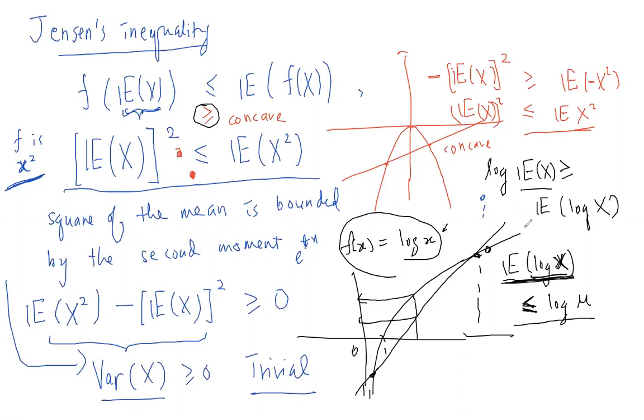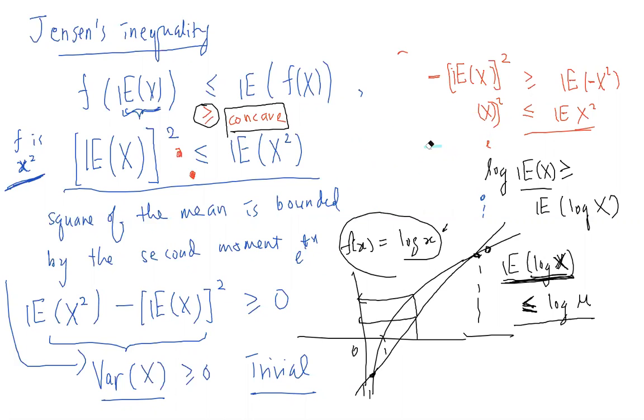Let's take one more example before we move on. One more example for a concave function, a very simple one. You have been seeing this function appearing quite often just now in the Markov and Chebyshev inequalities. What function is that?